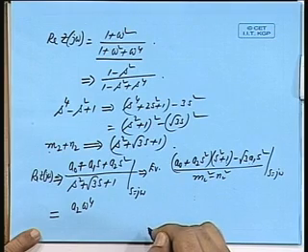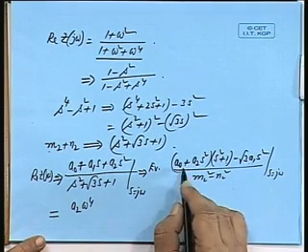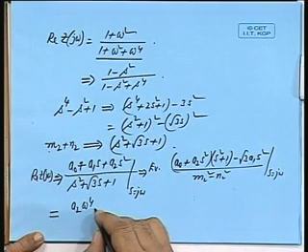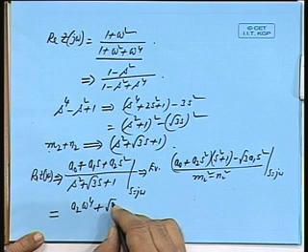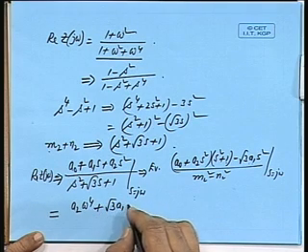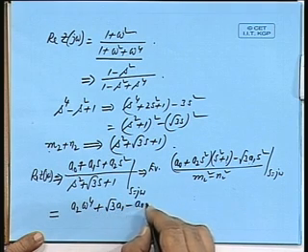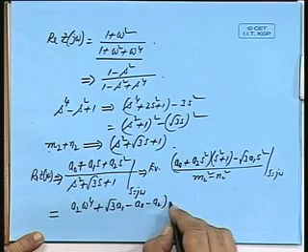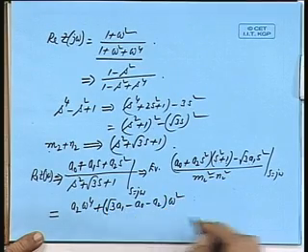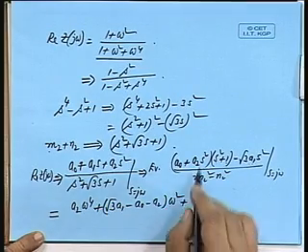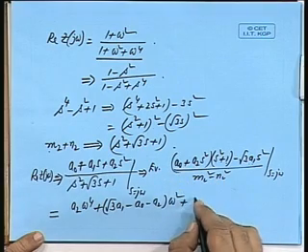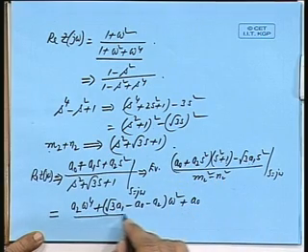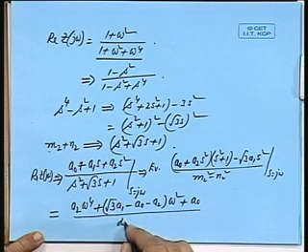Is that okay? So, plus root 3 A1 minus A0 minus A2 into ω squared plus A0. This is the numerator. Is that okay?